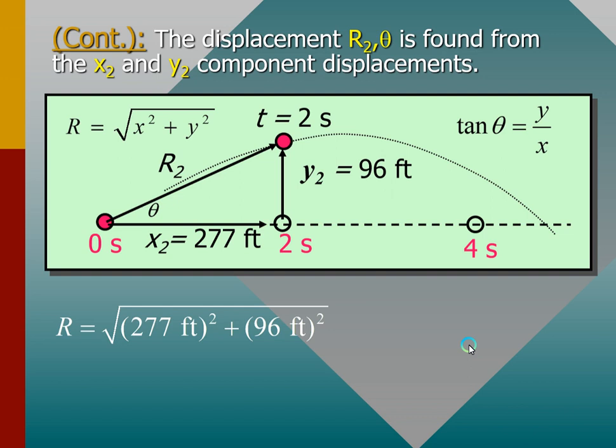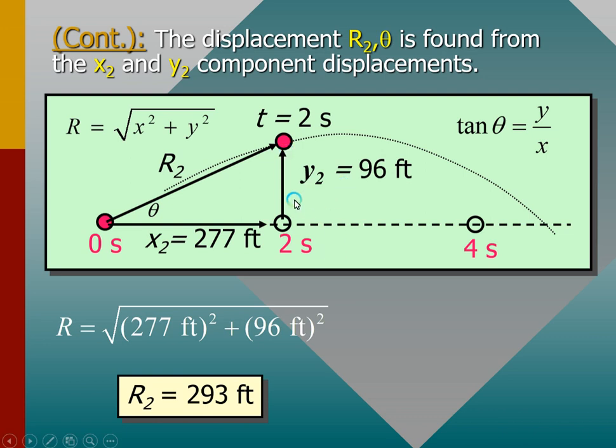So R naton will be equal to 277 feet squared plus 96 feet squared. So kaunta lang aton nga R, so that will be equal to 293 feet na lang.